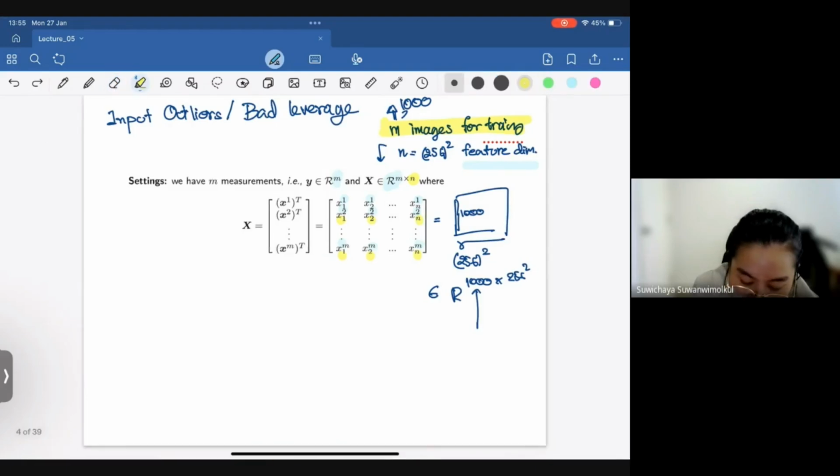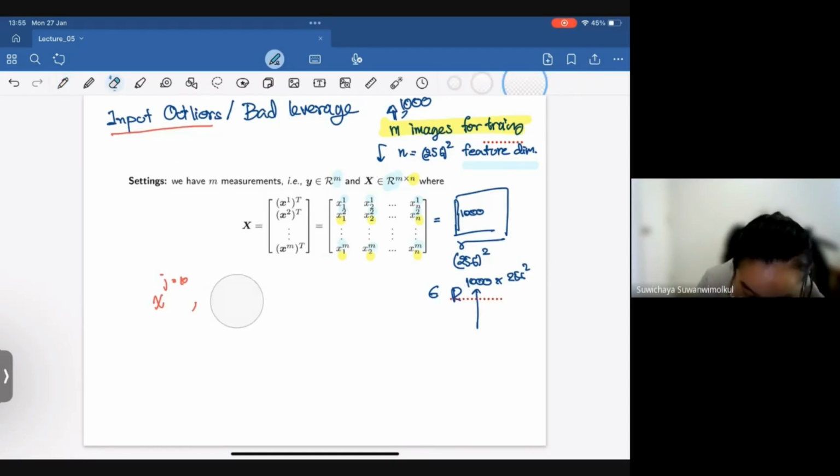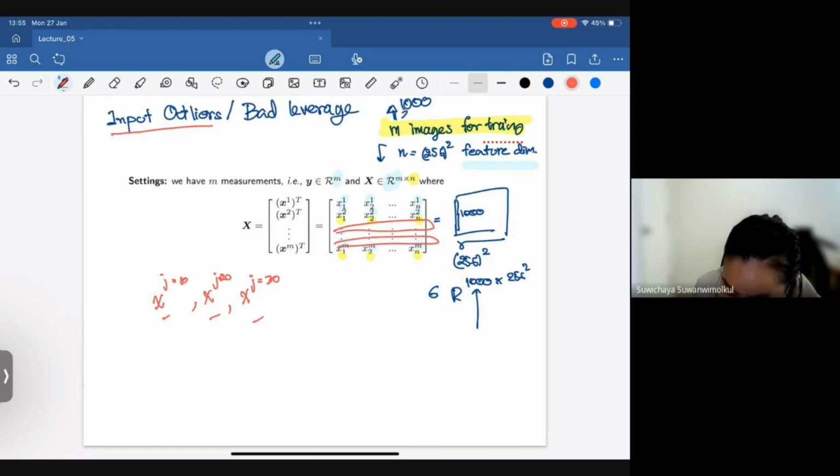In other words, what if we come up with a technique to remove these input outliers? Let's say we remove three samples that are outliers, say j equal to 10, j equal to 20, and j equal to 30. This means that we remove row 10, row 20, and row 30.